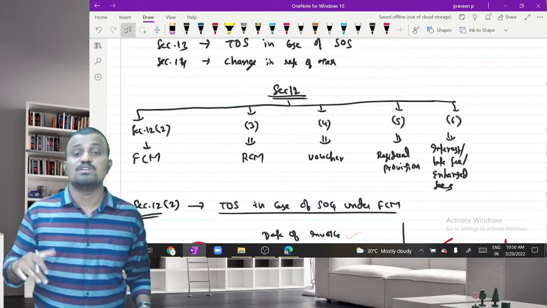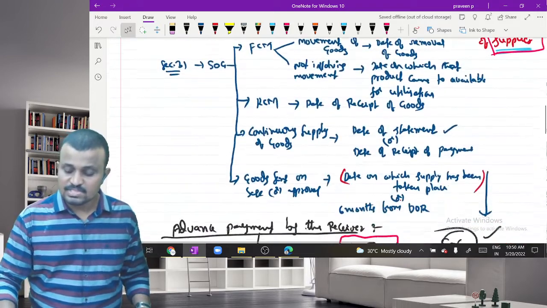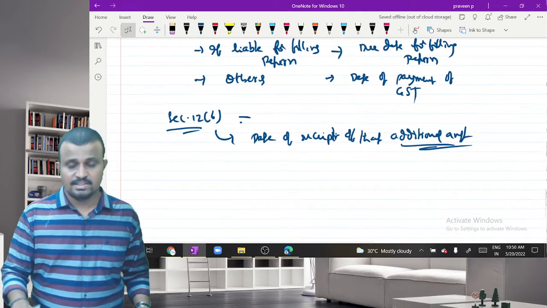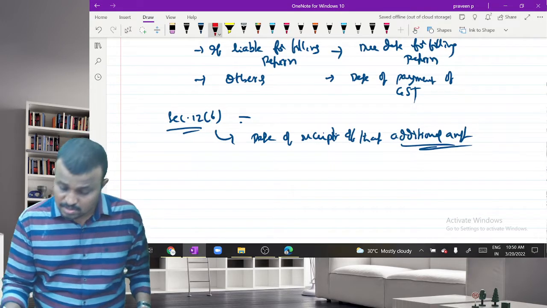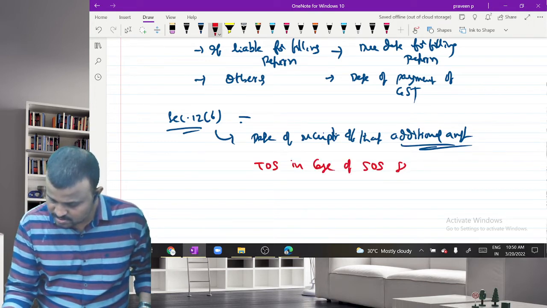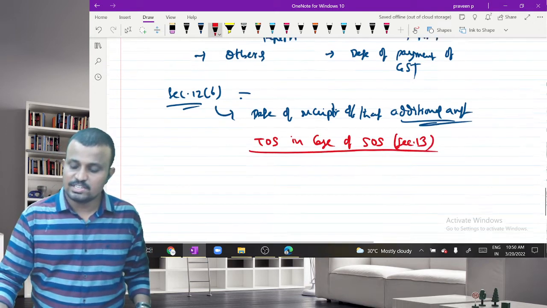Then coming to the time of supply in case of supply of services, covered under section 13.